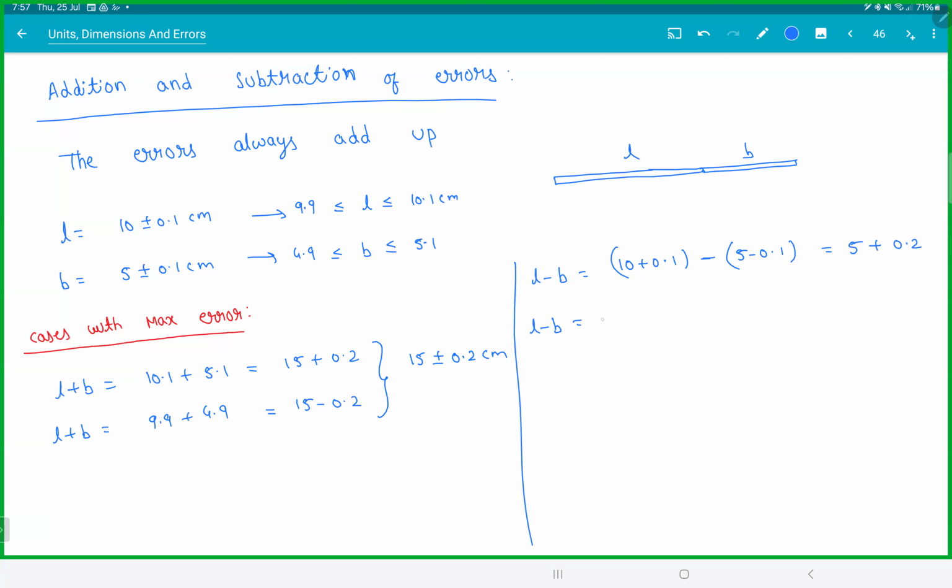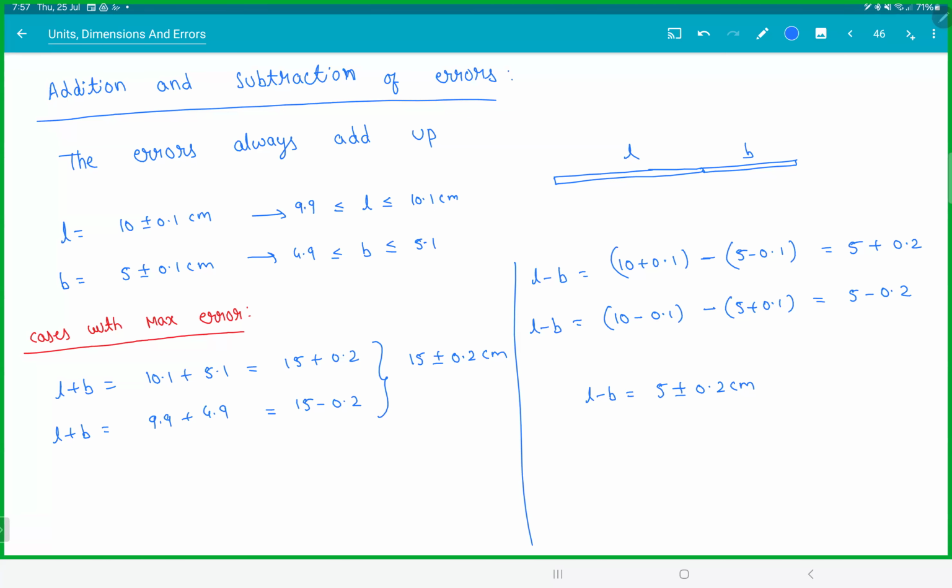What is the other worst thing you can do? Take L's minimum, 10 minus 0.1, and take B's maximum. So this can end up with 5 minus 0.2. Means here also you can see the L minus B value will lie between 5 plus or minus 0.2. This is what I was saying. Whether you add or subtract, error always adds up. Is this making sense?